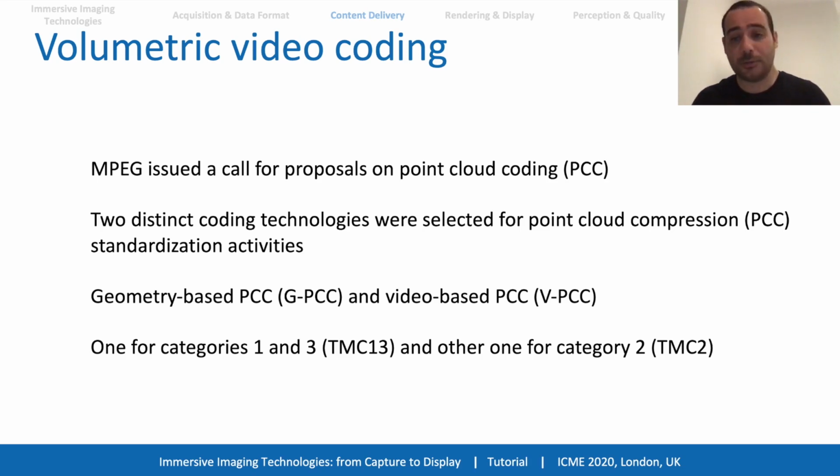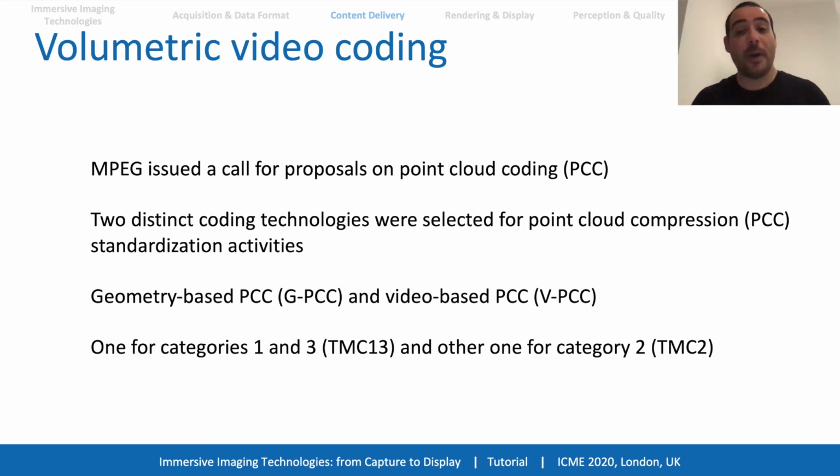on point clouds, MPEG issued a call for proposal on point cloud coding. Based on the responses made to this call for proposal, two different coding techniques were selected for point cloud compression, called PCC.